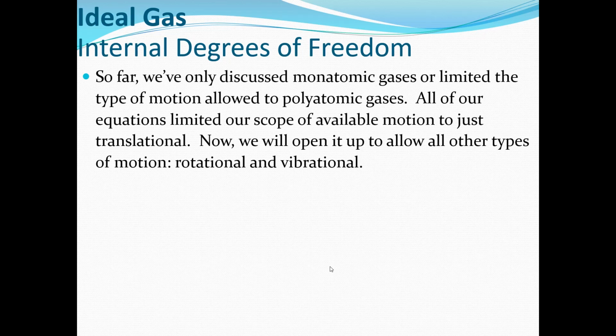Now, even though we haven't really talked a lot about polyatomic gases like diatomic, triatomic, something like H2 or O2, we could still take questions with them, but we would make the distinction that we're talking about low energy states, ones where the polyatomic gases are only limited to their translational motion. And we haven't really discussed any of the higher degrees of freedom.